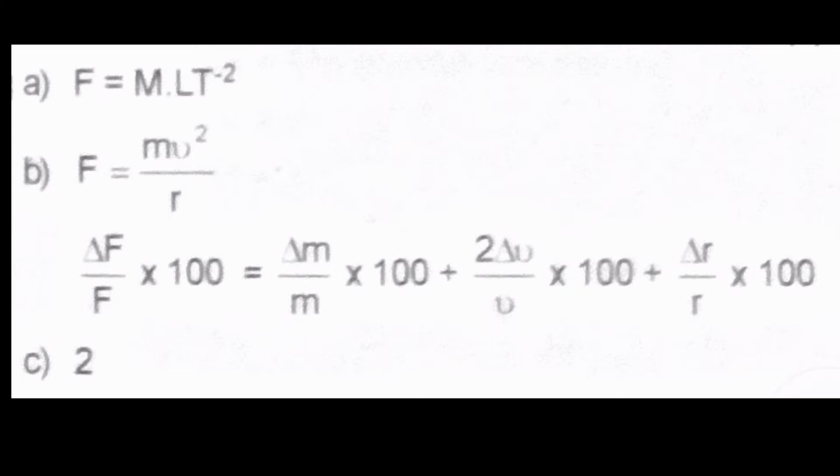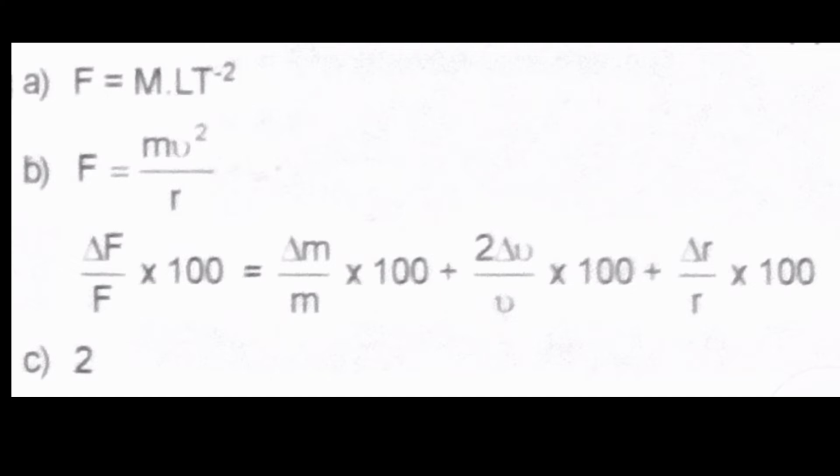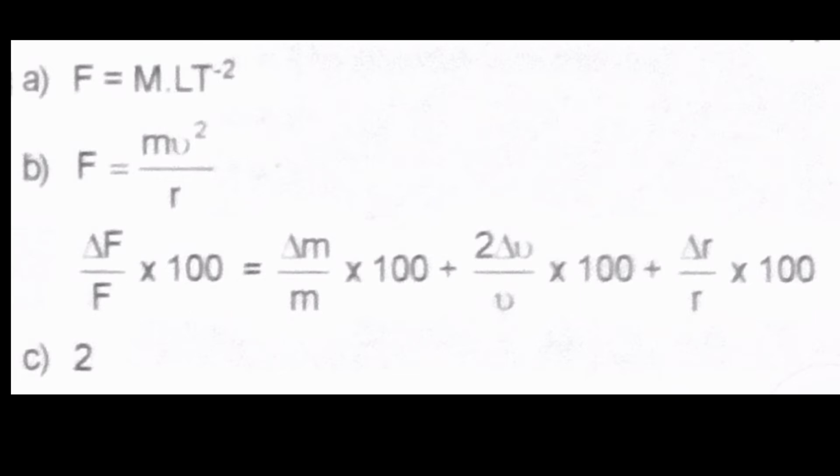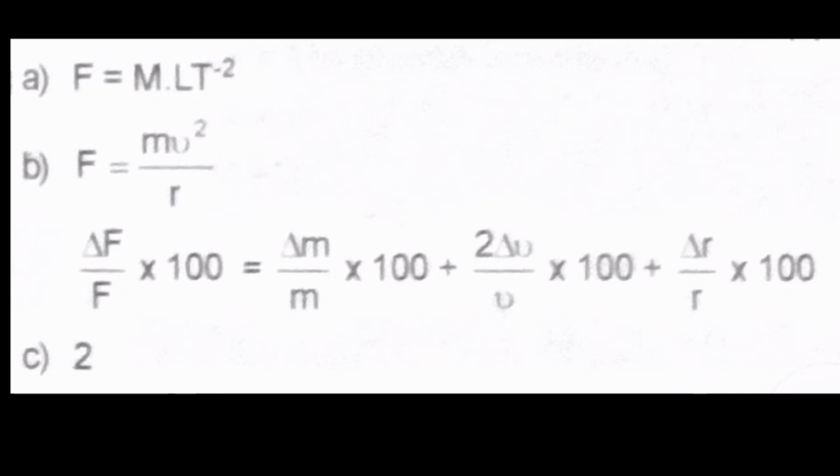So how can we calculate? Delta F by F into 100 is equal to each term we have to find, right? So what will be the relative error in mass? That will be delta m by m. Right. So into 100 is the percentage error. So delta m by m into 100 plus we have v square. So how can we write? That will be 2 into delta v by v into 100 plus delta r by r into 100.